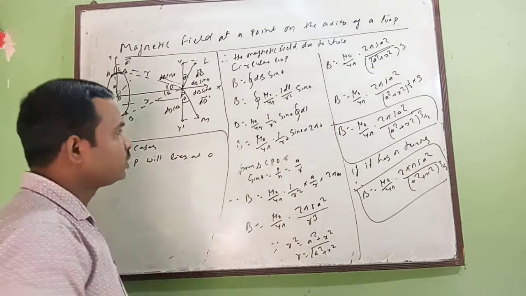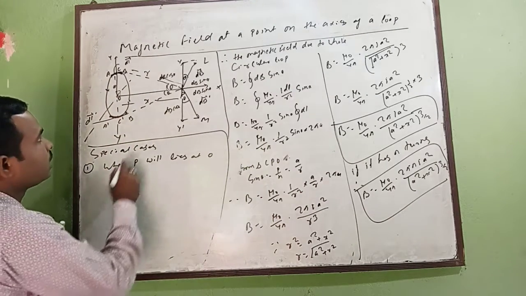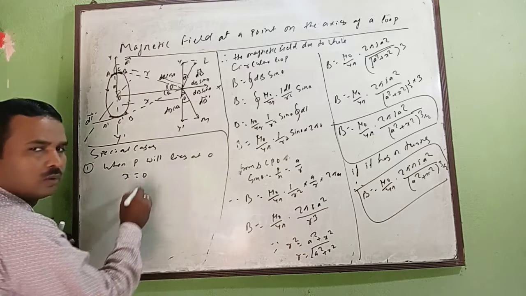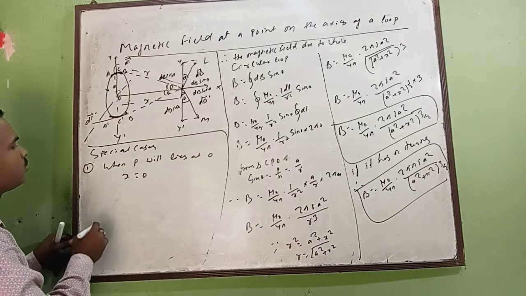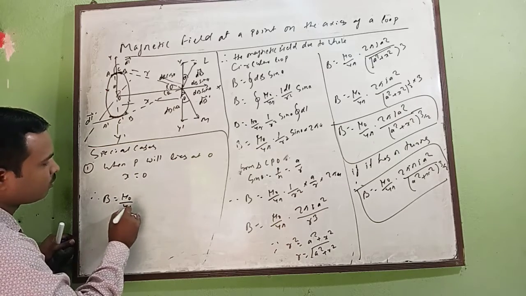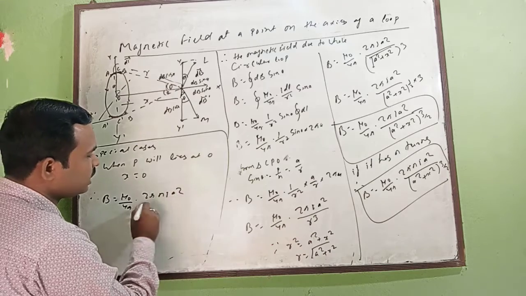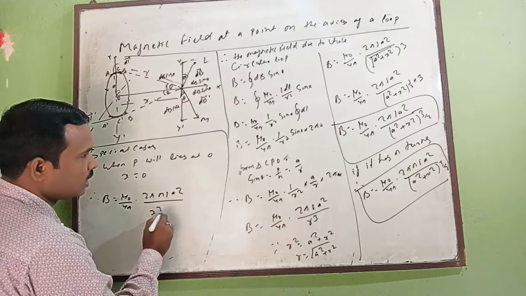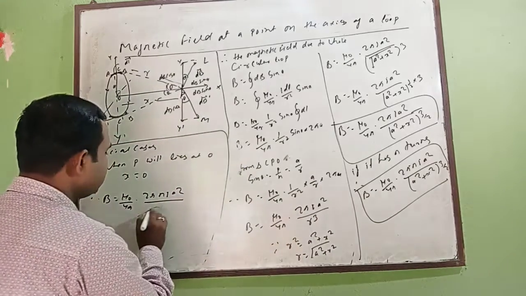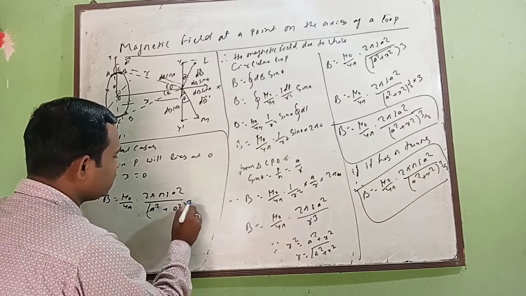So this distance x will be 0. Now put this, so B equals mu naught by 4 pi into 2 pi n I A square divided by A square plus 0 square to the power 3 by 2.